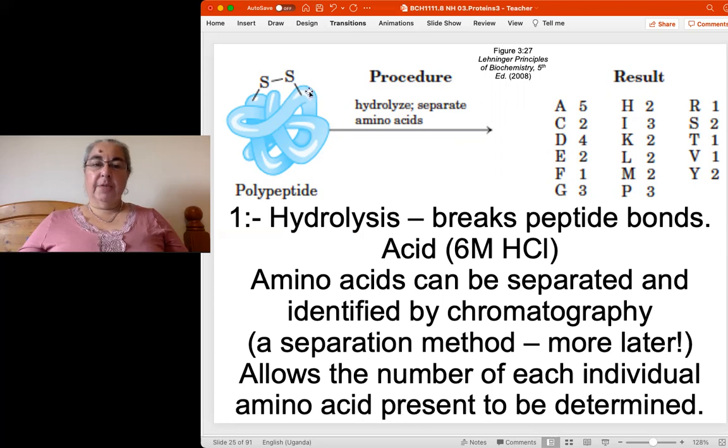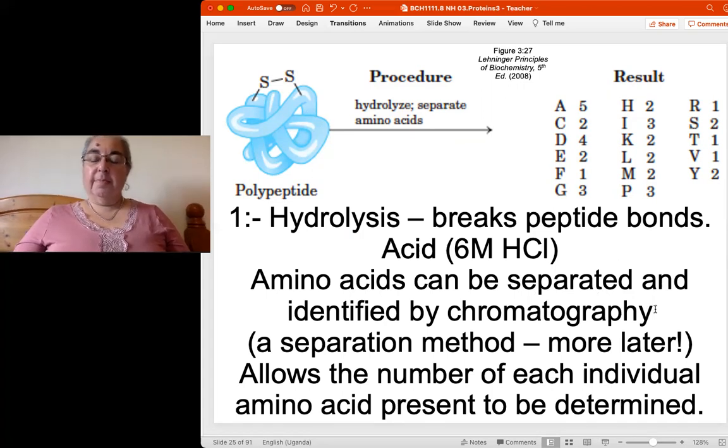So if you take some of a protein and put it in a very acidic solution, it will fall apart. The peptide bonds will become hydrolyzed, and then you can separate the amino acids and identify which amino acids are present and how many of each of them are present.